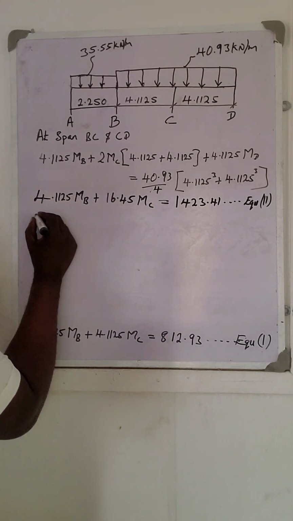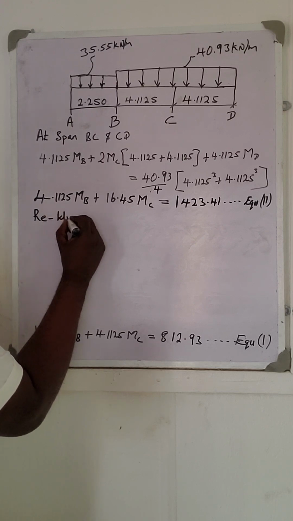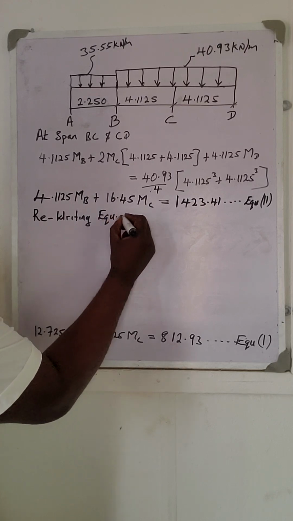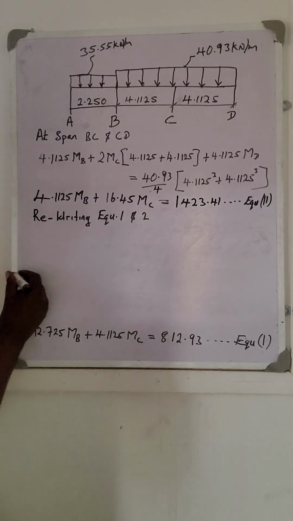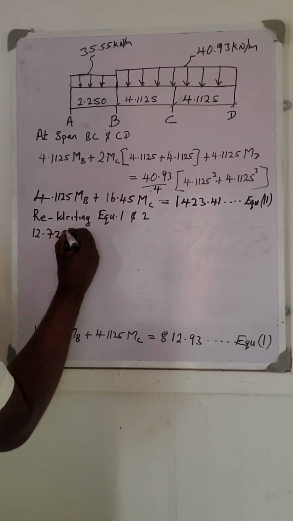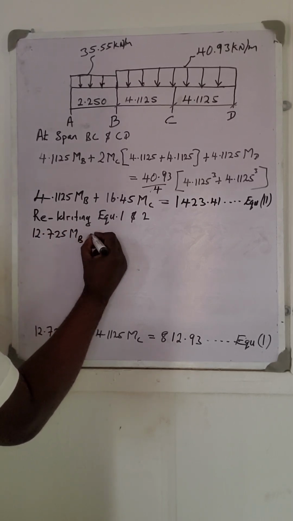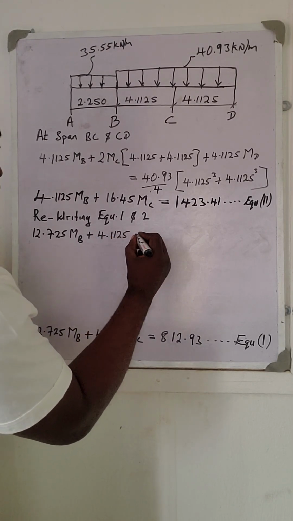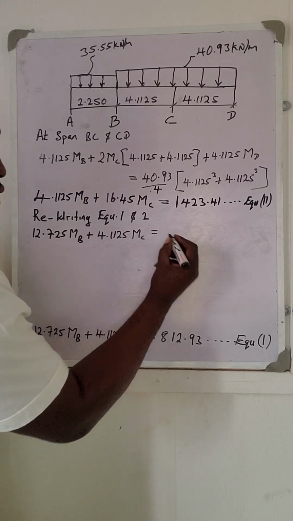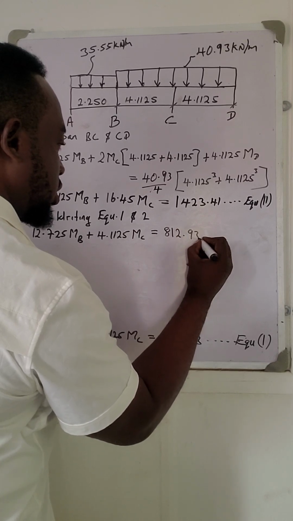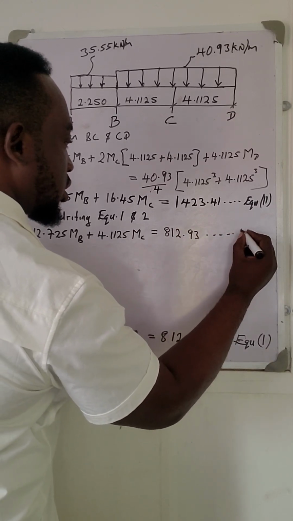So we have, rewriting equation 1 and 2: 12.725 MB plus 4.1125 MC is equal to 812.93. This is our equation 1.